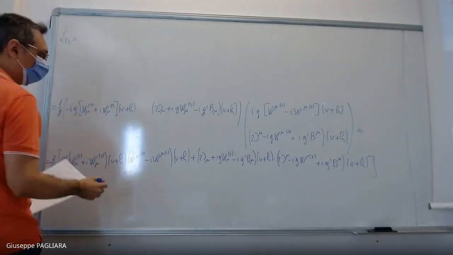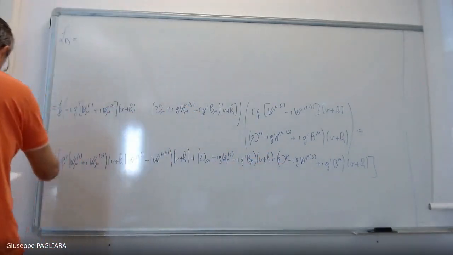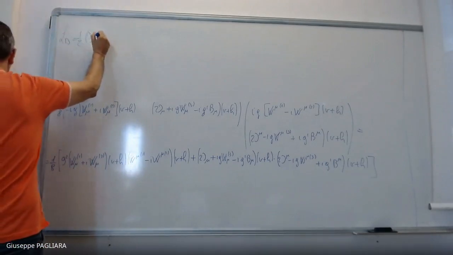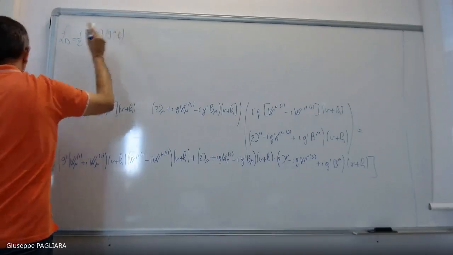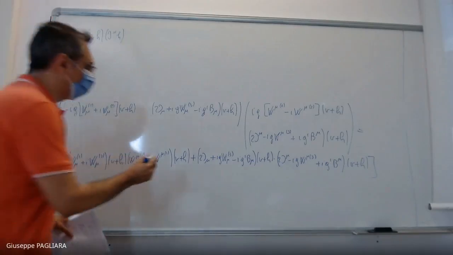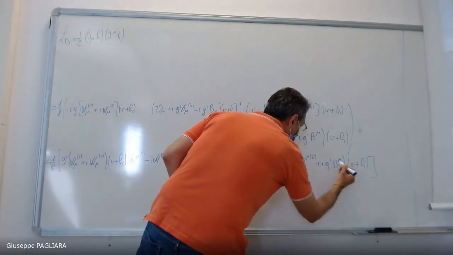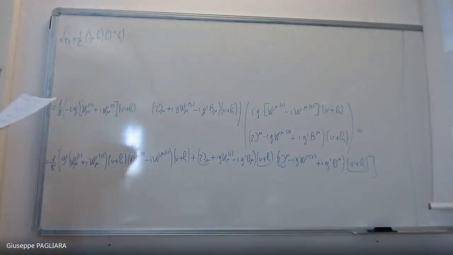We have 2 times 2 divided by 8 equals 1/2, and then we have just the derivative mu of H, the derivative mu of H. So these terms on these, and these on these. Now we can put all the other terms.